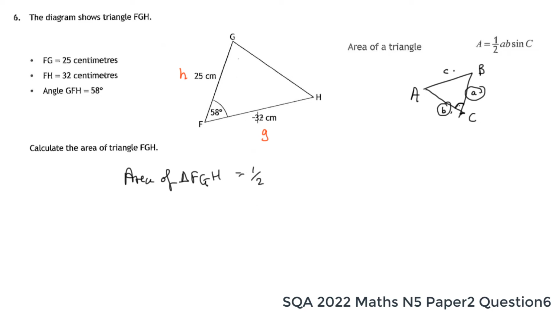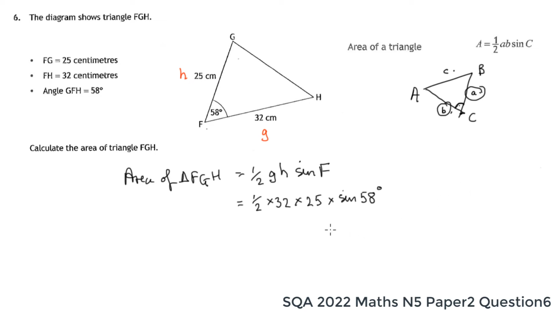Now it's the two sides multiplied together, g times h, and the sine of the angle in between them. So there's the version of this formula that applies to this case. So let's just plug in values. A half of g is 32, h is 25, and sine of the angle F is 58 degrees.